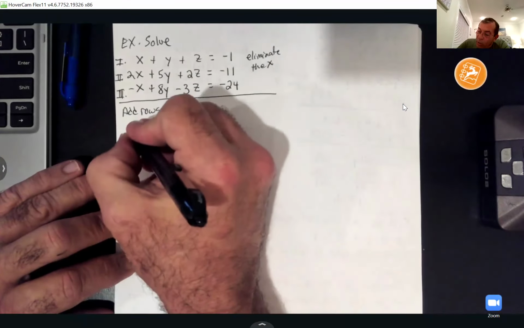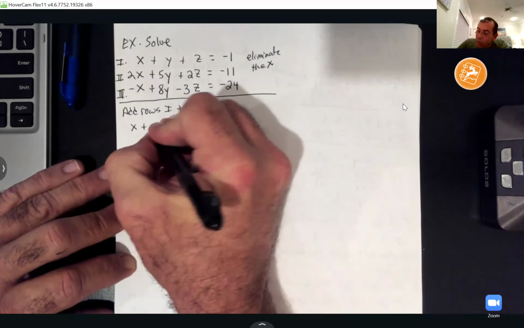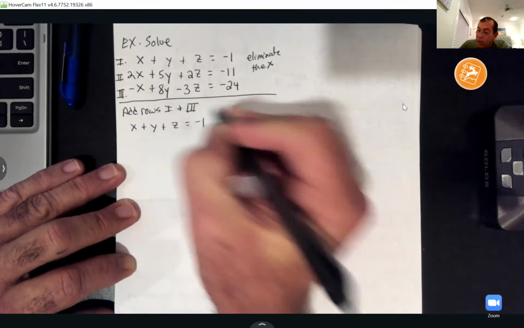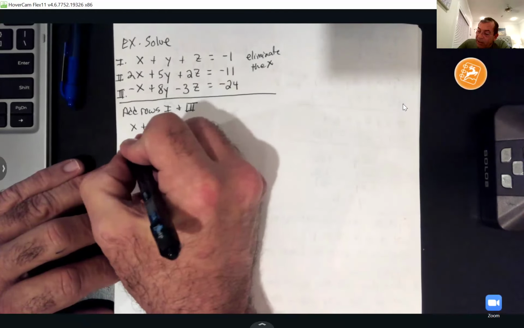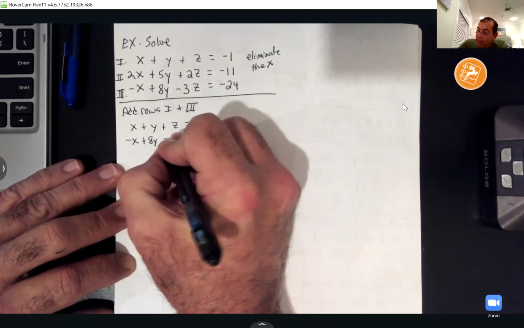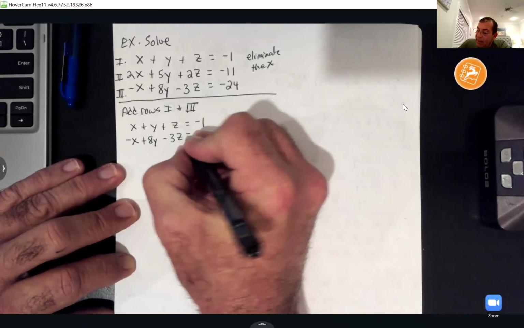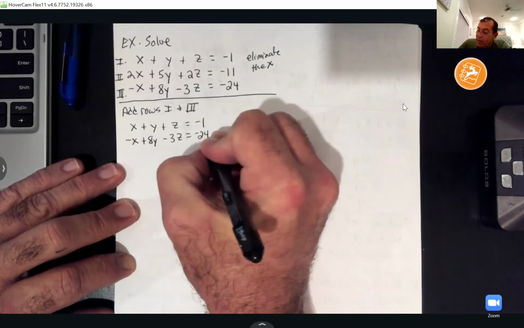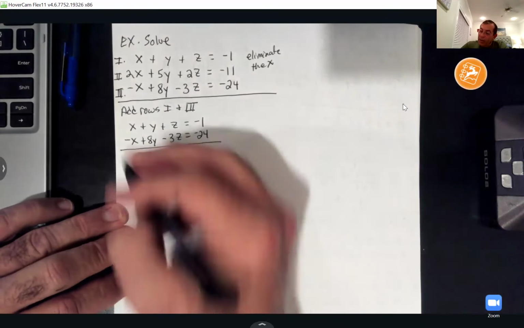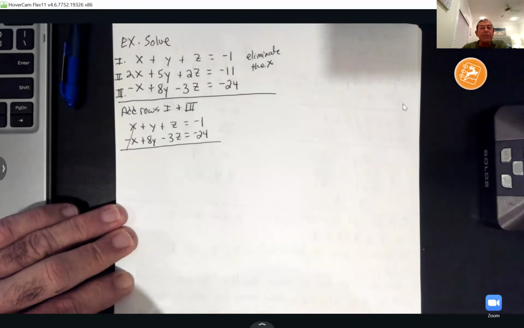So row 1 was x plus y plus z equaled -1. Row 3 is -x plus 8y minus 3z equal to -24. All right, y'all, but look, x's cancel.